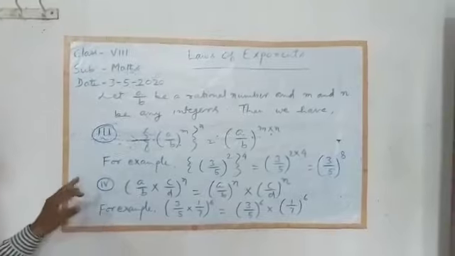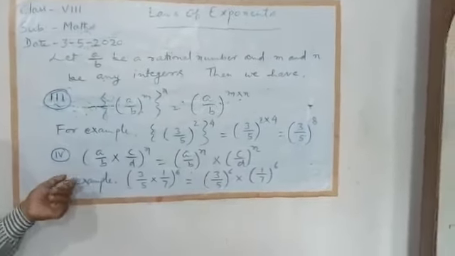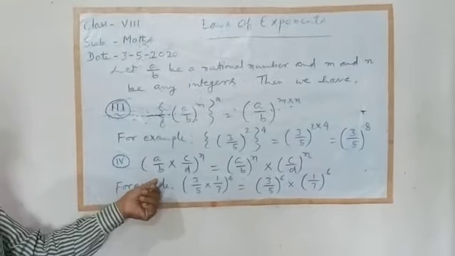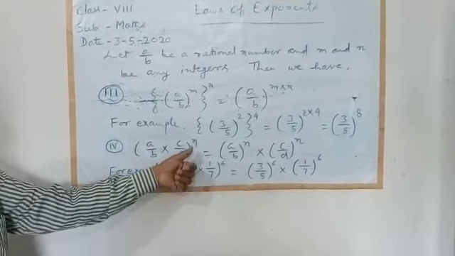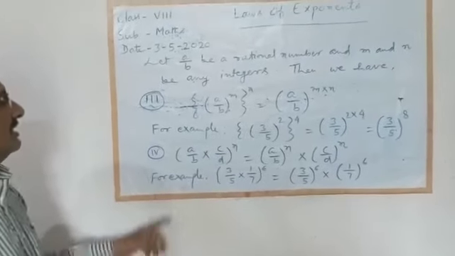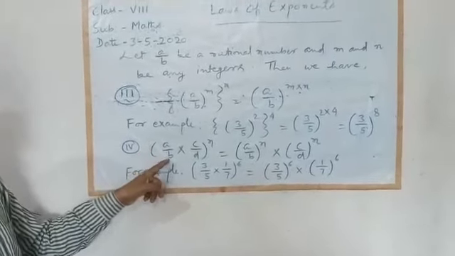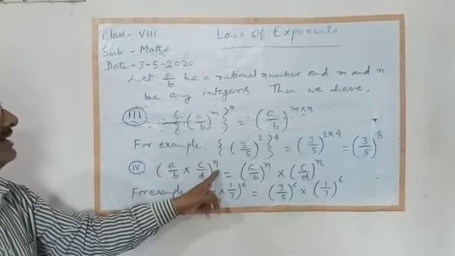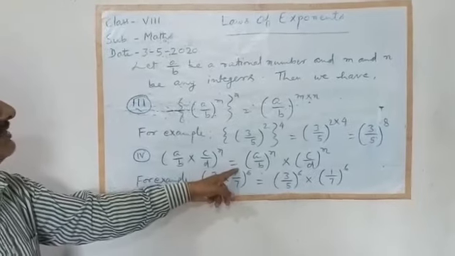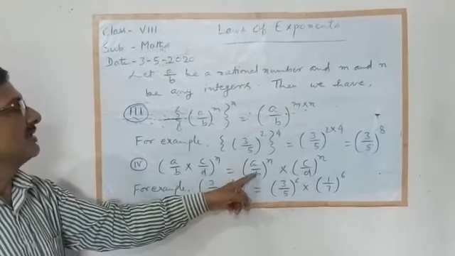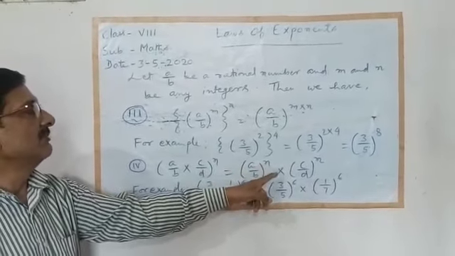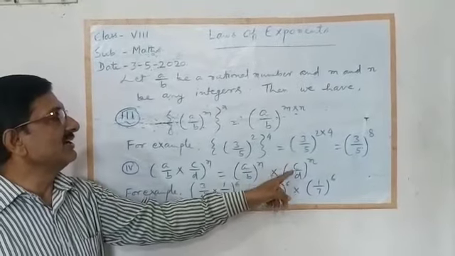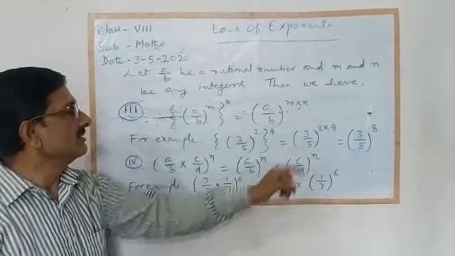And in the fourth law we are discussing different rational numbers having the same integral power. Here (a/b) multiplied by (c/d) and whole having the power n, that will be equal to (a/b)^n multiplied by (c/d)^n.